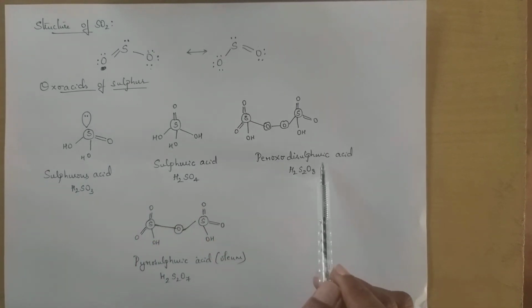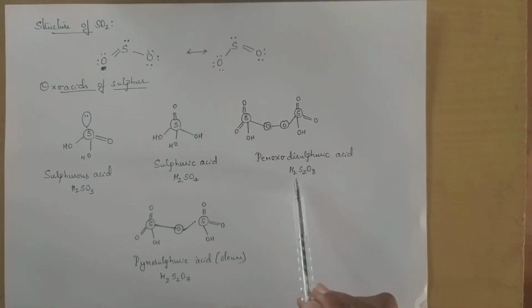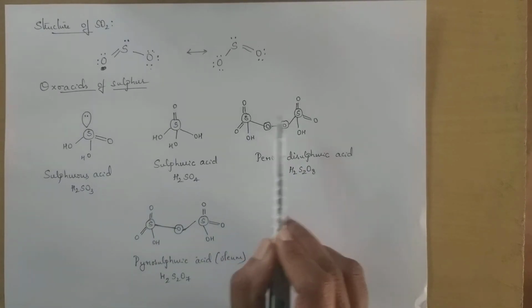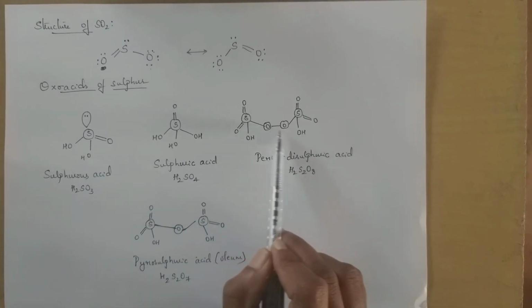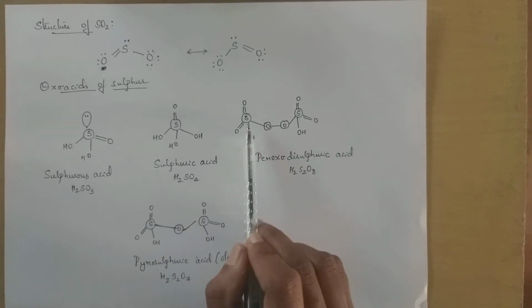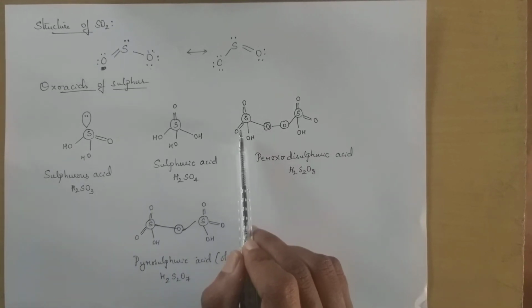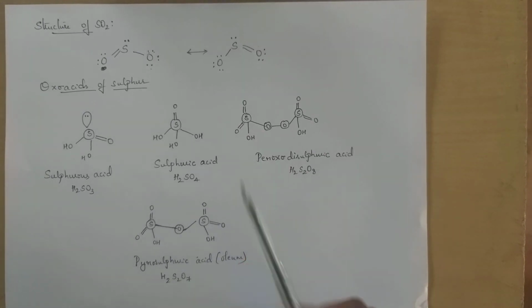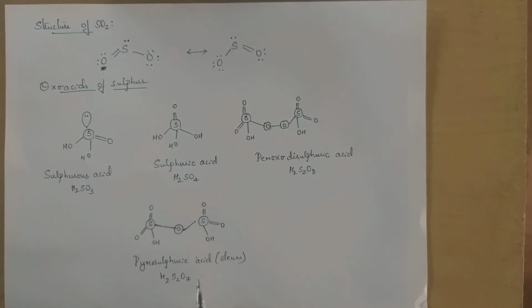Then peroxodisulfuric acid, the composition is H2S2O8. So here we have 2 bridged oxygen atoms. The two sulfur atoms are combined through 2 bridged oxygen atoms, where both sulfurs have 2 oxygen atoms and 1 hydroxyl group. Next we have pyrosulfuric acid, that is commonly called oleum.